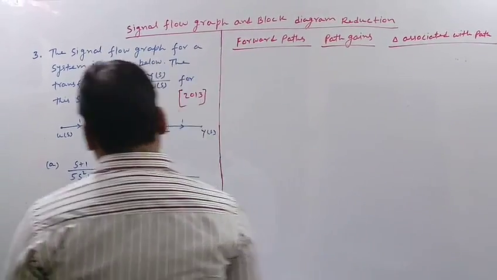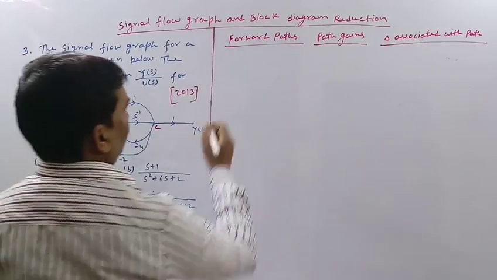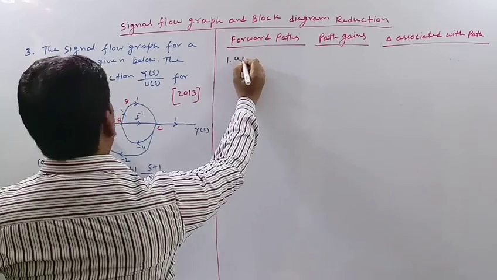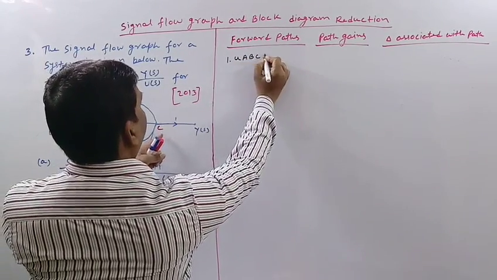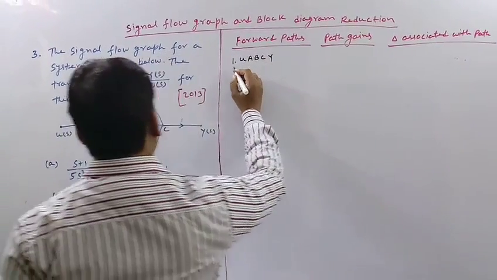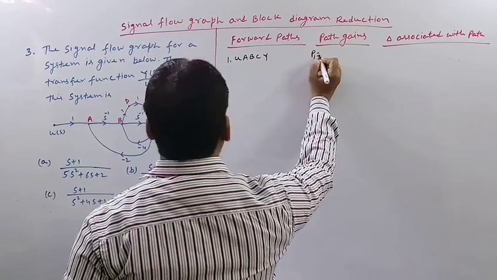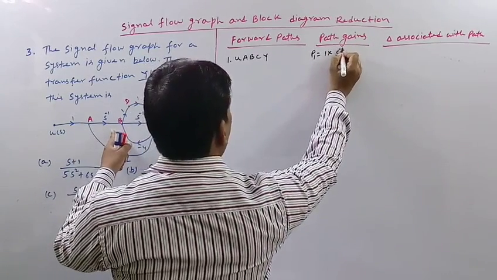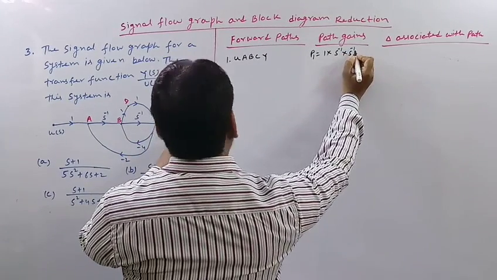Now we have identified 2 forward paths. Let us write the first forward path as U, A, B, C, Y, and denote its path gain by P1. So P1 will be 1 multiplied by x to the power minus 1, multiplied by x to the power minus 1, multiplied by 1.